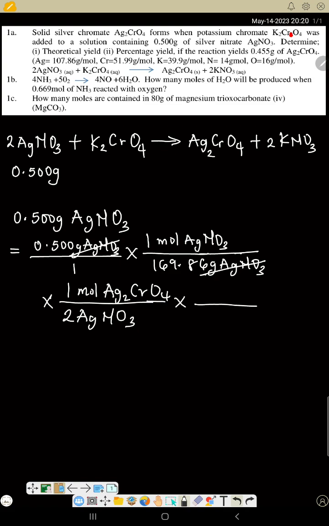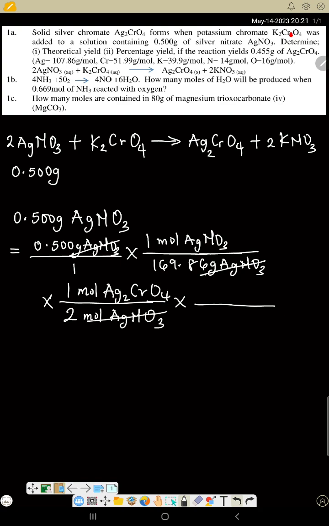So times again. If this is the same straight line, you will notice now that, let me put mole here, you can see 2 mole of silver nitrate gives 1 mole of silver chromate.